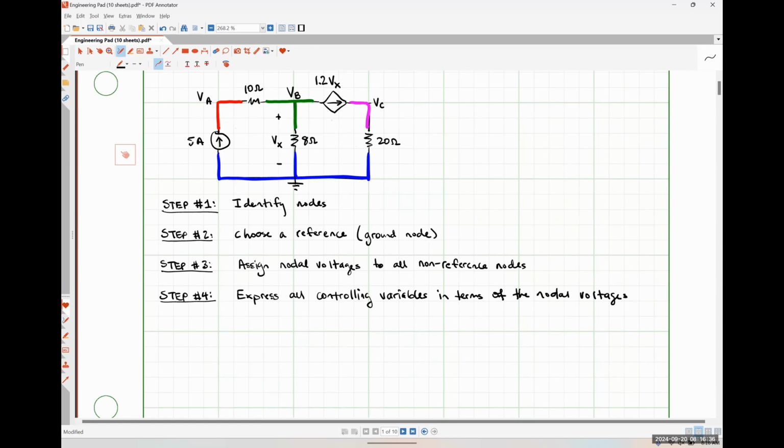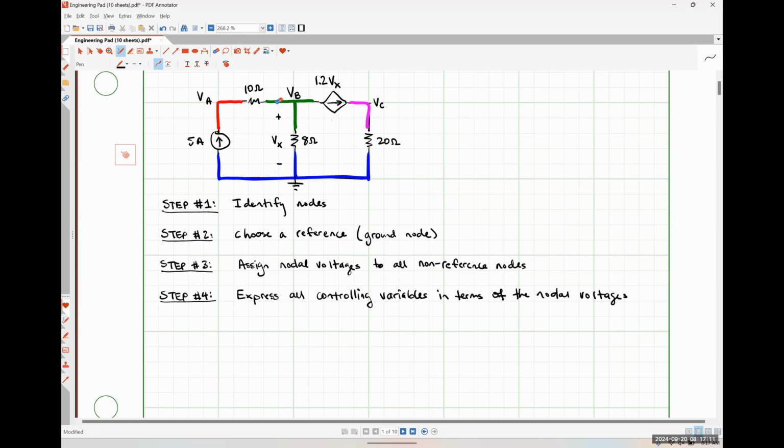So what I mean by a controlling variable is a quantity, either a current or a voltage, that controls a dependent source. So we have a dependent source that says the current flowing in that top right branch is 1.2 times Vx. That current source is controlled by the voltage Vx, which is here. So all we're going to do is try to express that voltage Vx in terms of our nodal voltages.